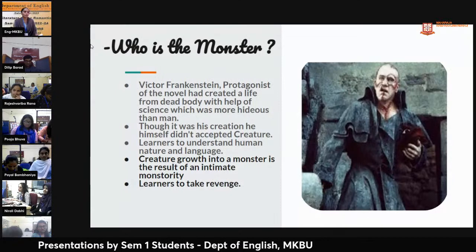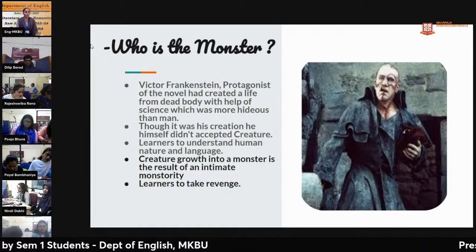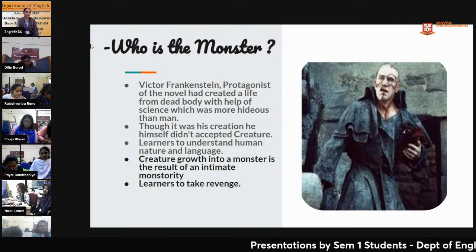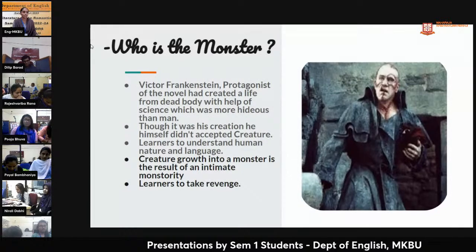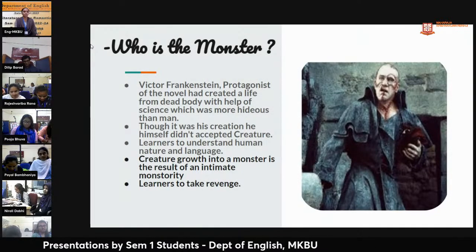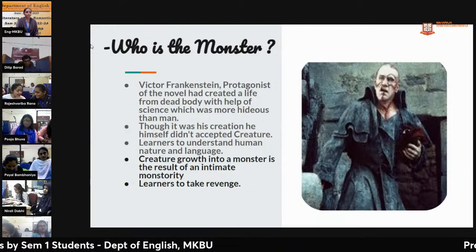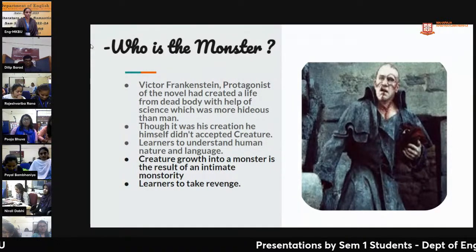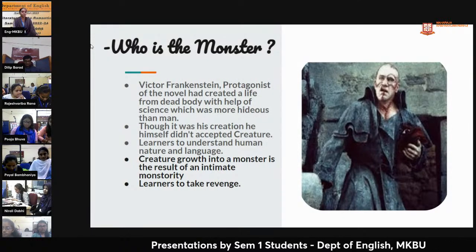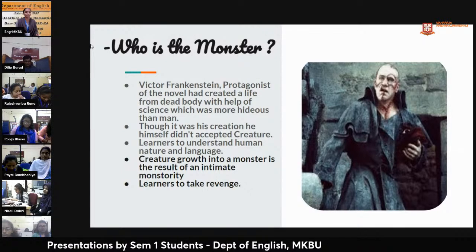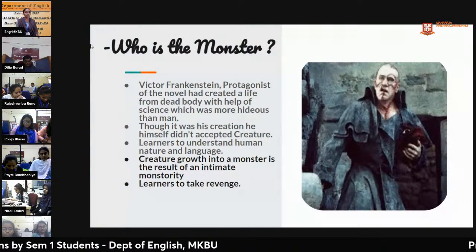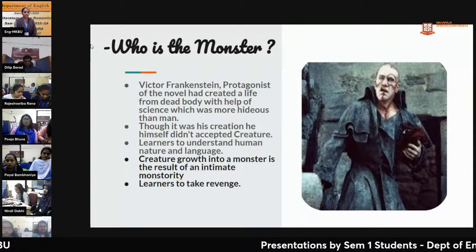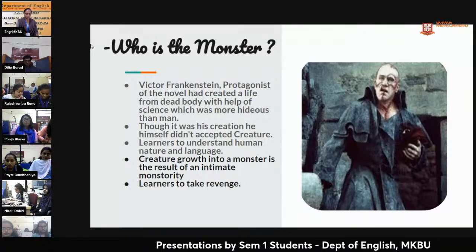When the creature goes to the De Lacey family and understands how family structures work in a society, he recalls that Victor should be my father because he created me, but he didn't nurture me as a father should, and that's why he thought that I should take revenge. As he read some of the books and thought about Paradise Lost and all those things, he goes for revenge because Victor is his master.